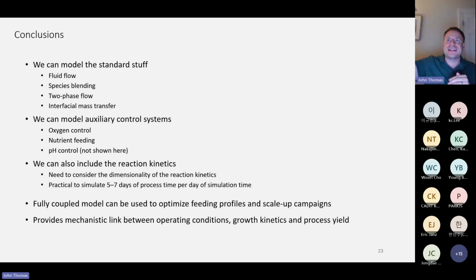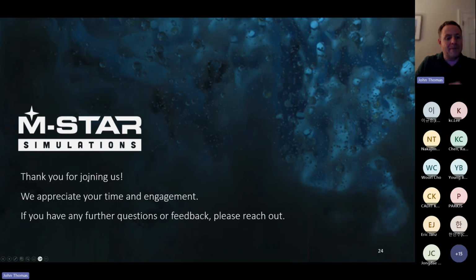We can see exactly why this set of operating conditions, why this controller logic, why it made this particular cell line grow in this manner. And we have that kind of holistic understanding. It becomes a very efficient process to optimize systems across scale, to optimize processes across site, and to optimize operating conditions for process yield.